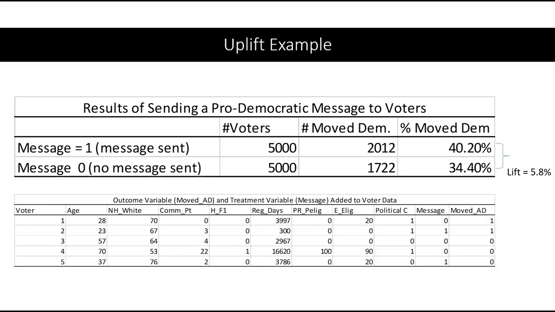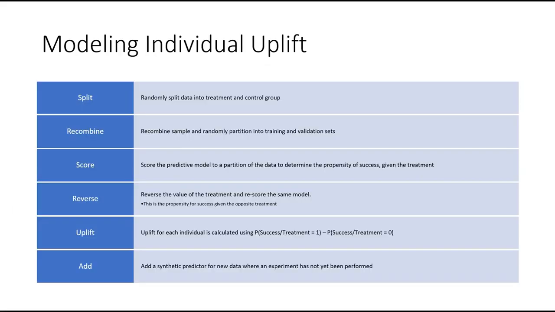Now that data table can be augmented to reflect whether the voter received a message as well as whether they moved in the Democratic direction. We're going to apply the same steps that we looked at before. We've already randomly split the data into treatment and control groups, recombined them, and scored them using the model.